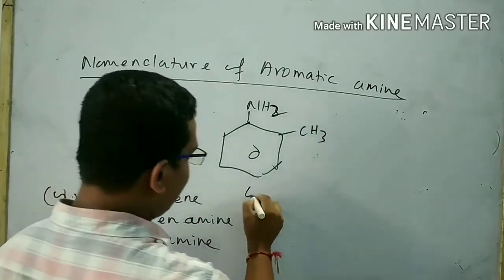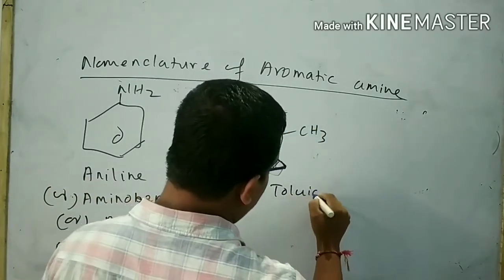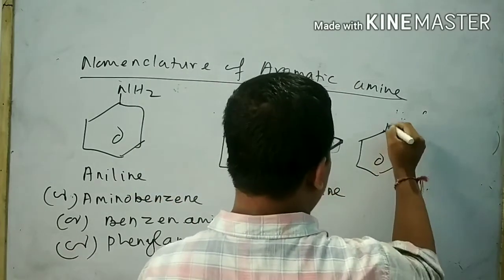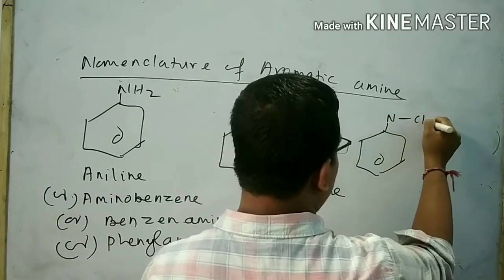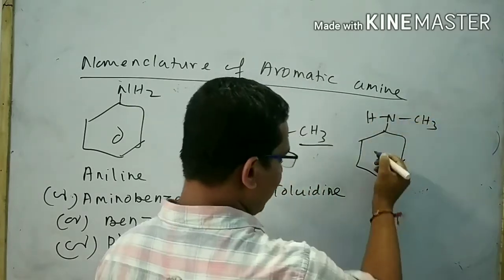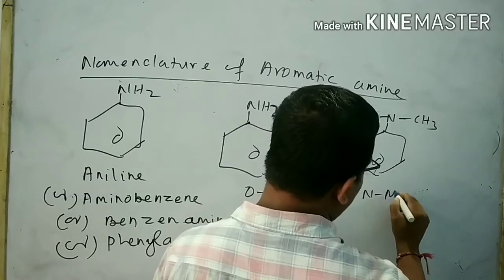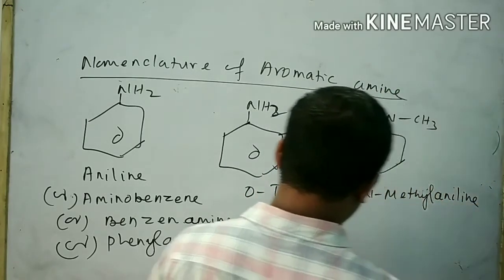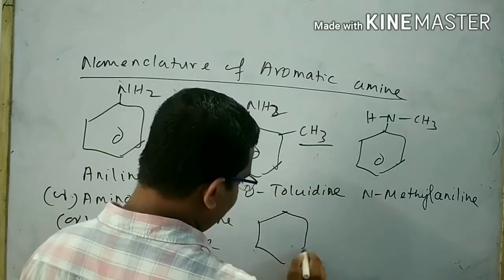The name of this compound is said to be ortho-toluidine. The name of this compound is said to be N-methyl aniline. Take another example.